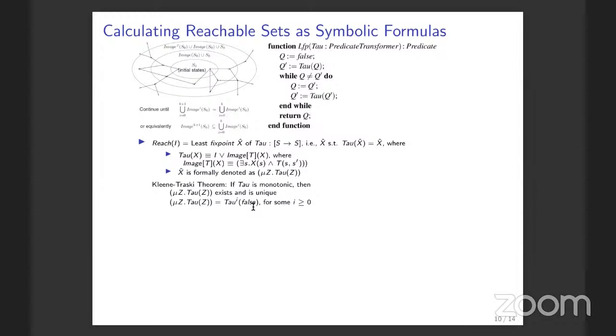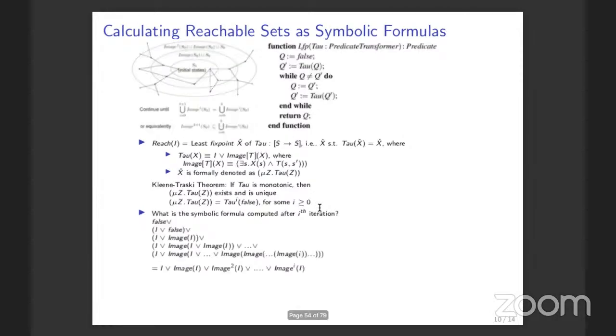Okay, so then I asked: what is the symbolic formula computed after the ith iteration? If you view this, instead of sets of states, as predicates being computed in a series of iterations, this is what is happening. You start with false, and each time you take the disjunction with the image. You take the image of false and add I to it.